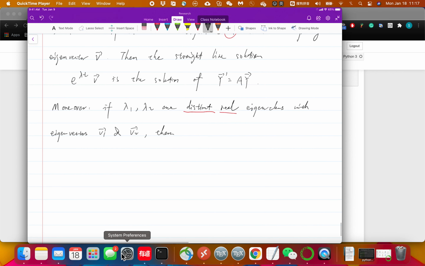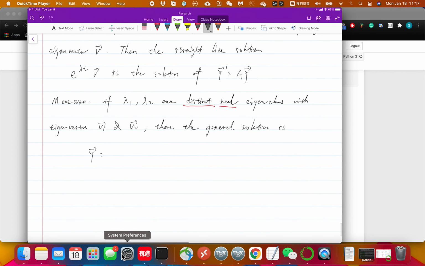Then the general solution is the first straight line solution plus the second straight line solution, with any two free constants.